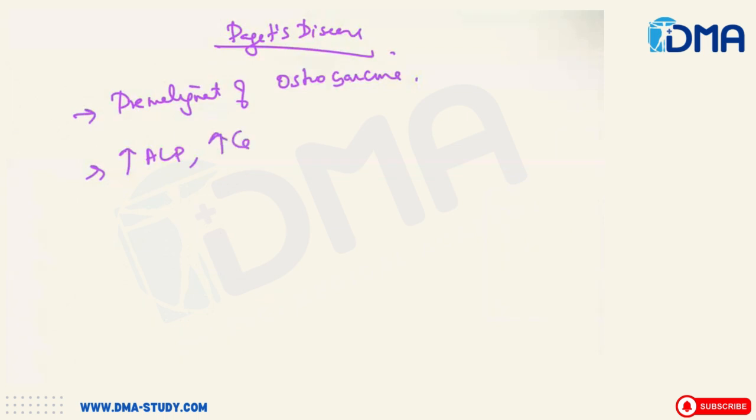Basically, it is a pre-malignant condition, pre-malignant for an osteosarcoma. And there will be increased alkaline phosphatase, increased calcium, as well as increased phosphate in these patients, and the patients will have a cotton wool skull.